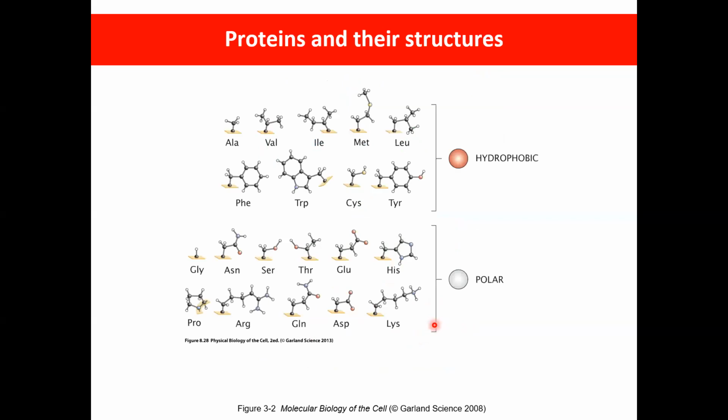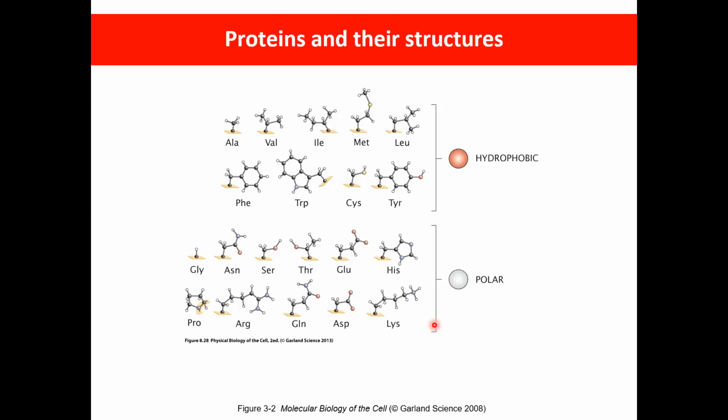As I said, all the different 1,000 types of proteins are made from 20 different amino acids. Here we'll try to understand the problem of protein folding by having a very simple model of protein. So I will say that there are not 20 different types of amino acids. Let's assume that all known amino acids can be broadly classified into two classes, hydrophobic and polar.